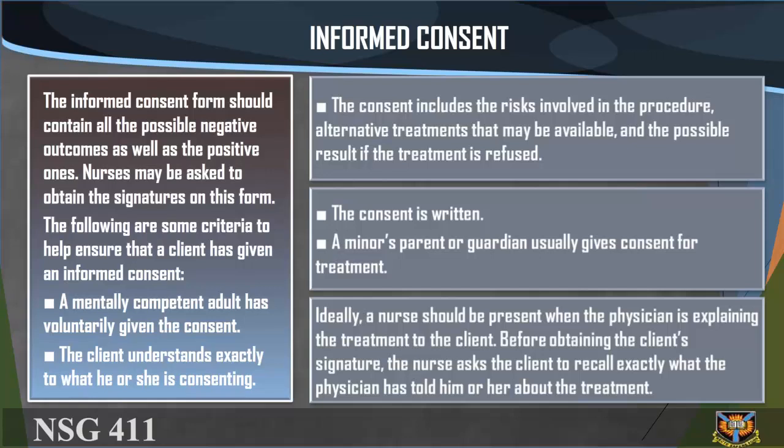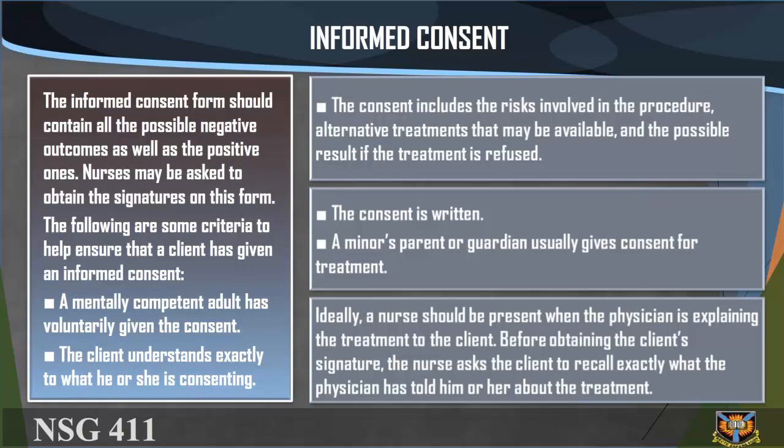The client understands exactly to what he or she is consenting. The consent includes the risks involved in the procedure, alternative treatment that may be available, and the possible result if the treatment is refused. The consent is written.